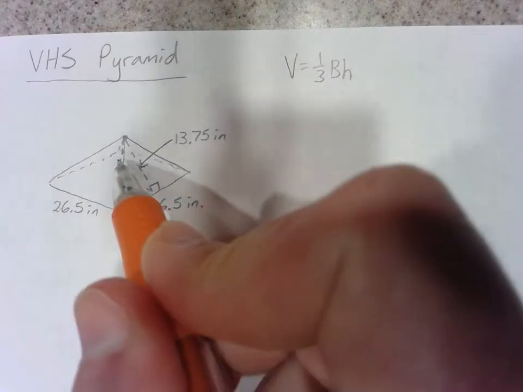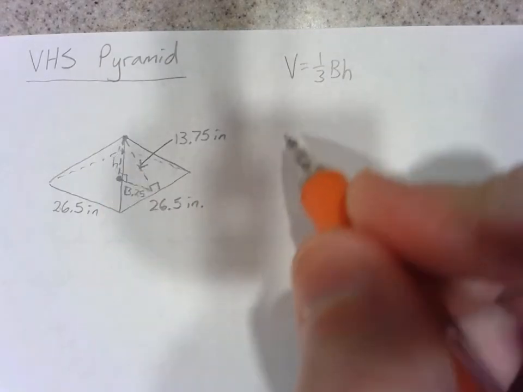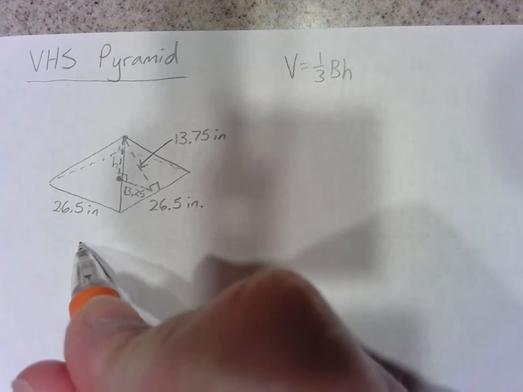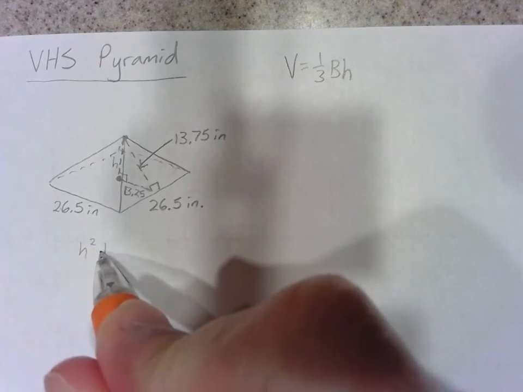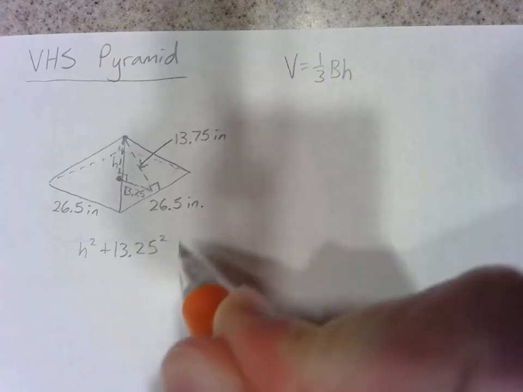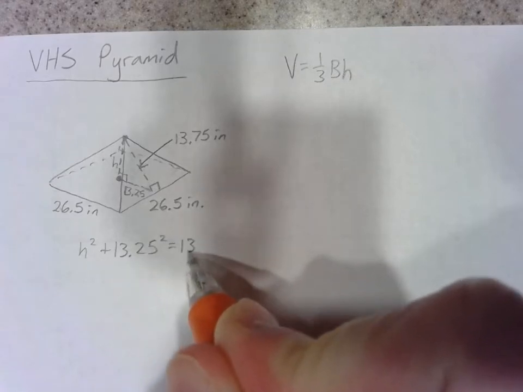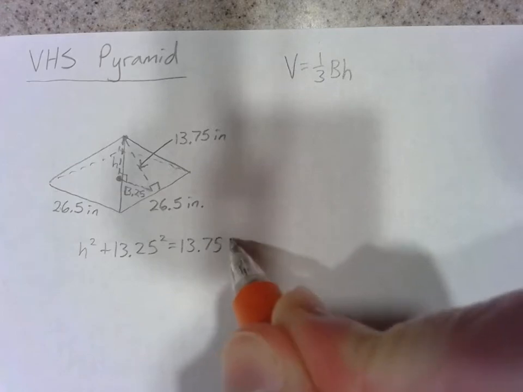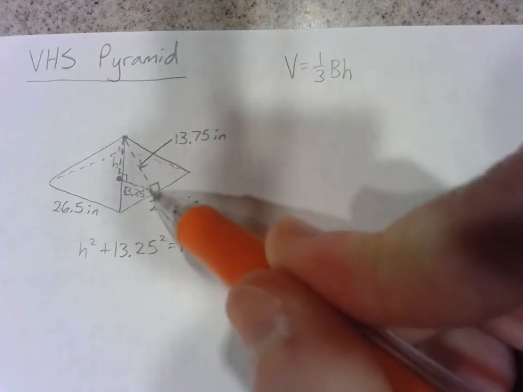So to find the height, we need to take height squared plus 13.25 squared equals 13.75 squared. So the slant height is the hypotenuse.